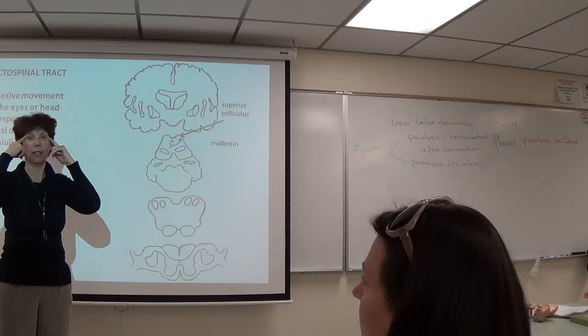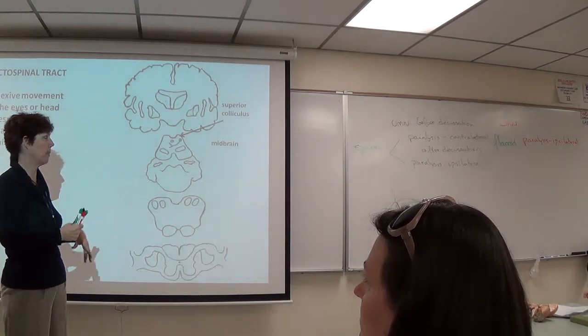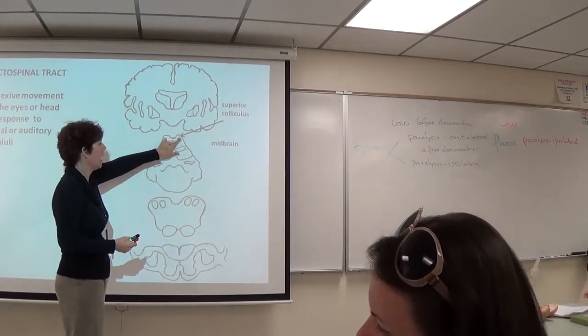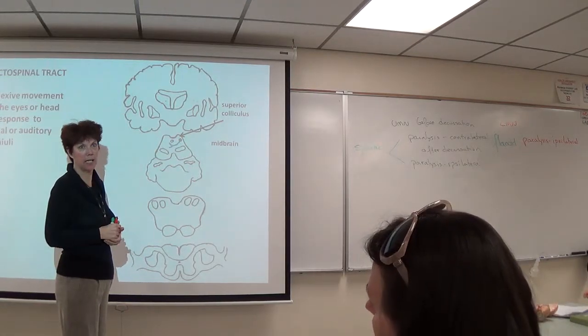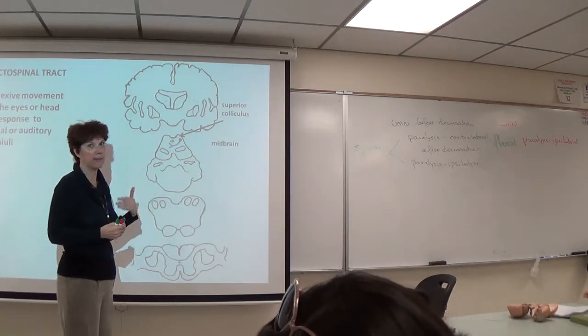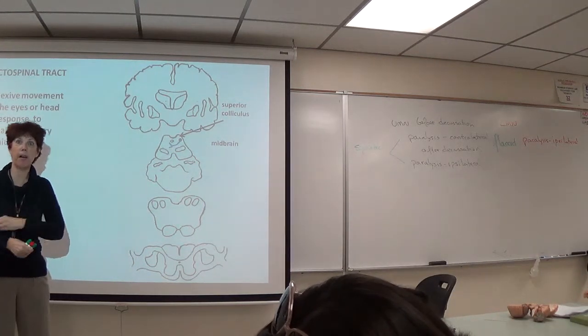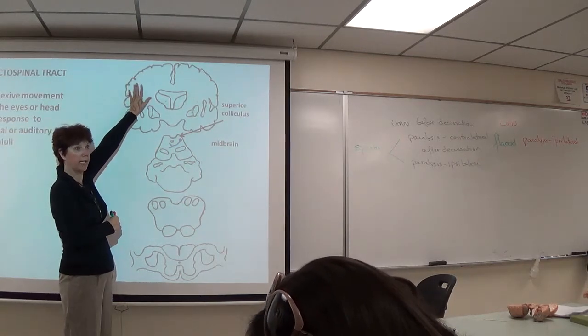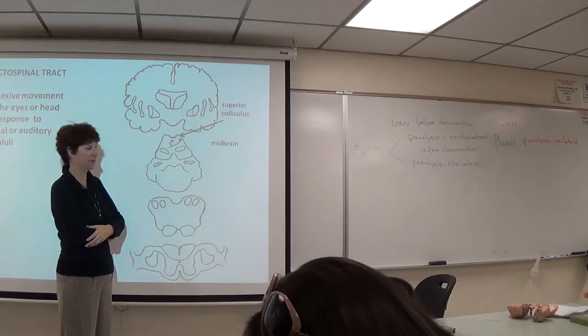Optic nerves can come directly to the superior colliculus, or from the thalamus can come to the superior colliculus, and synapse with that essentially upper motor neuron. So would this be a conscious movement of my eyeball or a subconscious one? Subconscious, because it's not involving the cortex, okay?